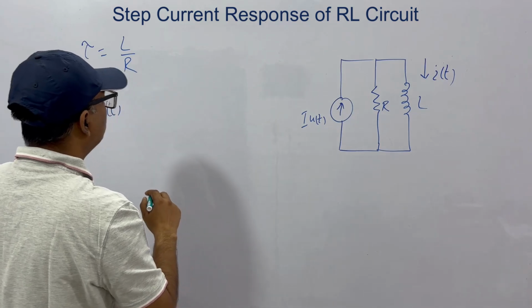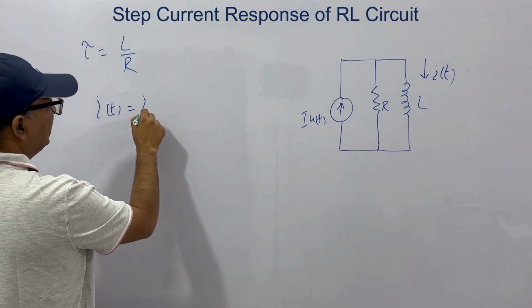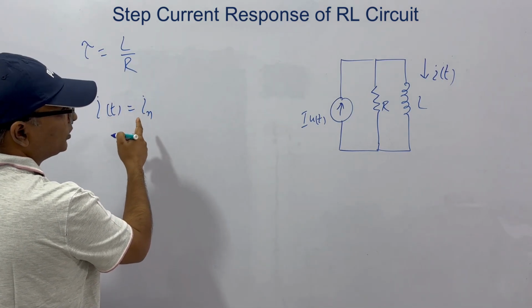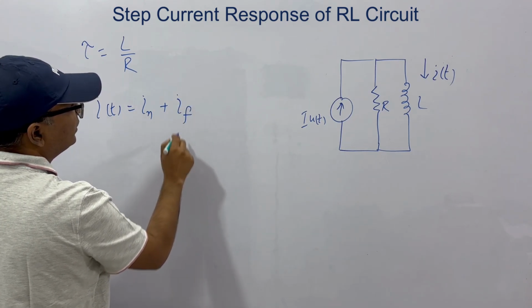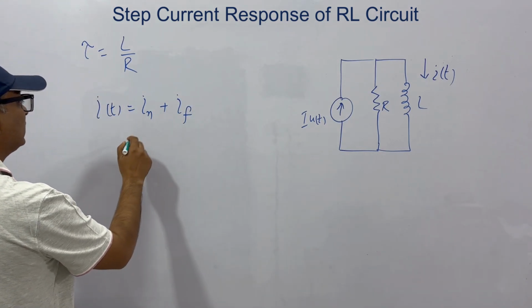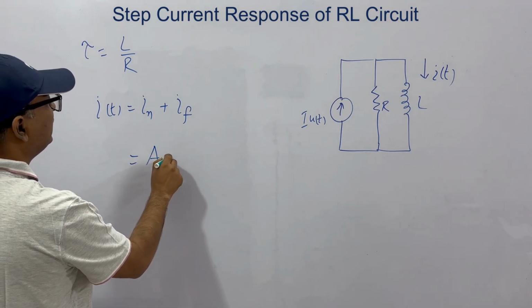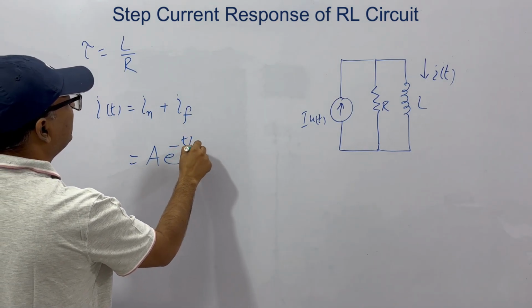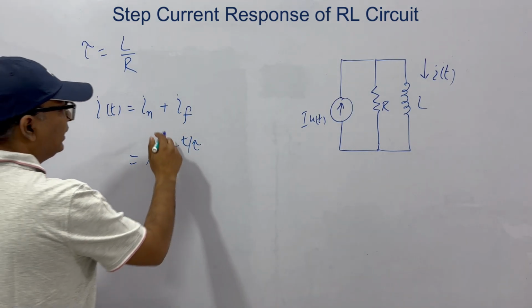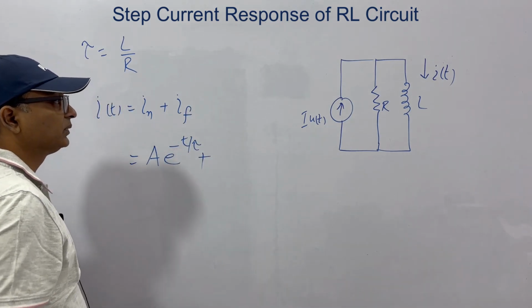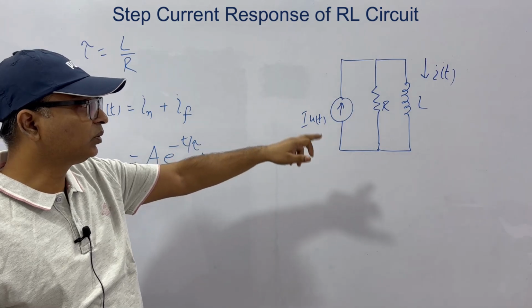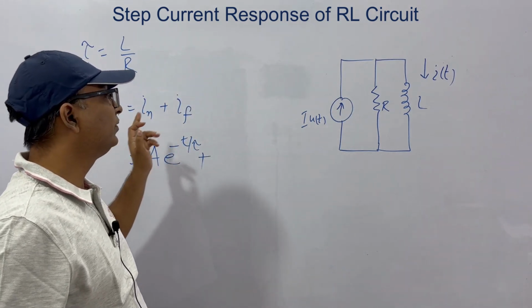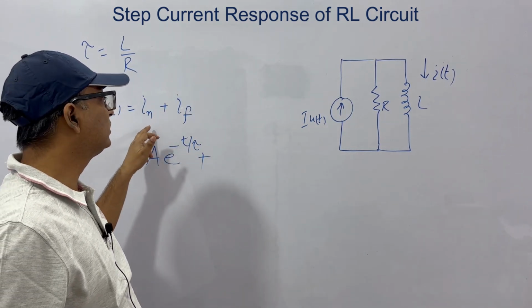will be equal to the natural response plus the forced response. What is the natural response? It is A e to the power minus t by tau. We know this. And what is the forced response? That is the steady state value of the current through the inductor, when t has gone to infinity.